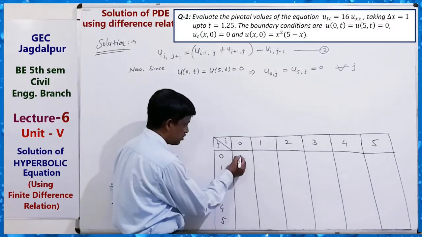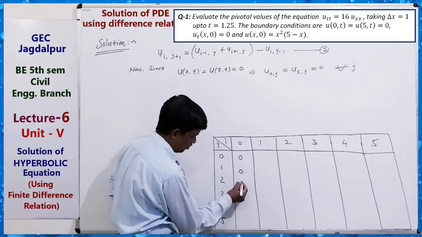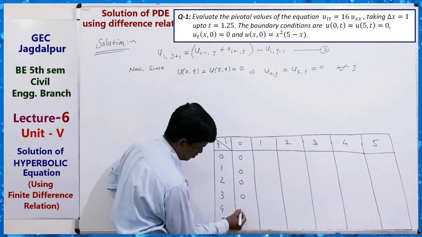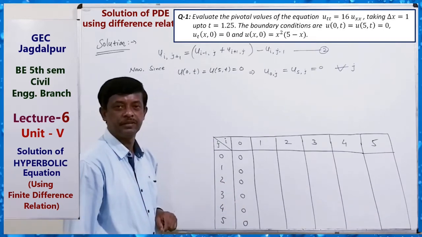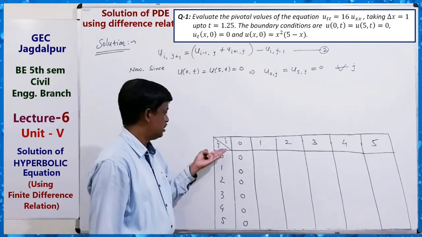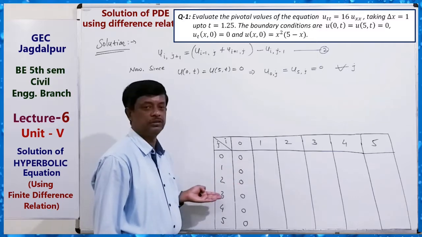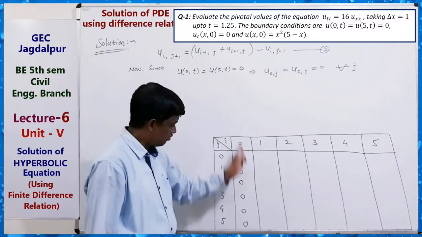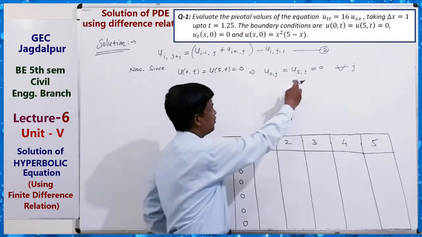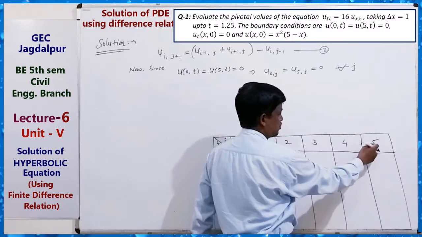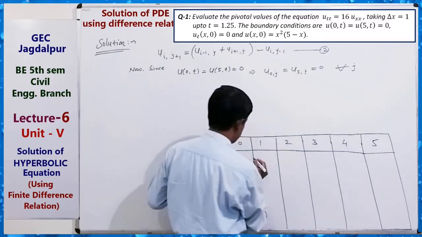So the first column at all these points will be 0: j equals 0, then 0 1, then 0 2, then 0 3. That is, the first column entries will be 0. Similarly, for i equals 5 all the values are 0.